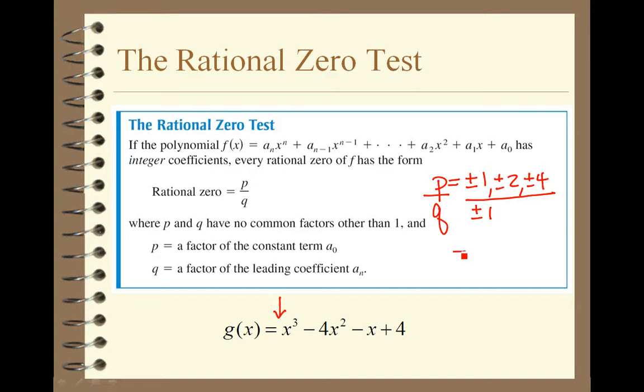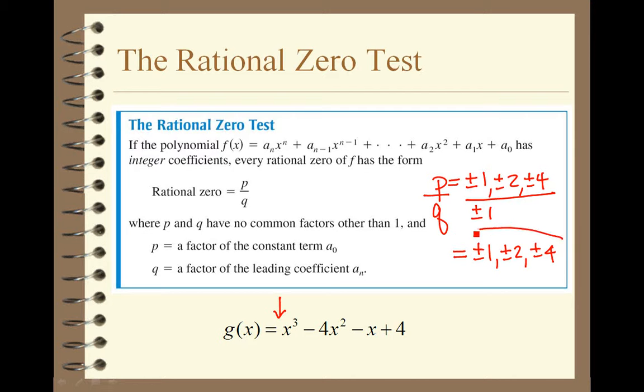Then you're going to have to divide each p by each q. And this is an easy case because we only have one factor for q. So if you divide 1, 2, and 4 by 1, you're just going to get the same thing back. You get plus or minus 1, plus or minus 2, and plus or minus 4.